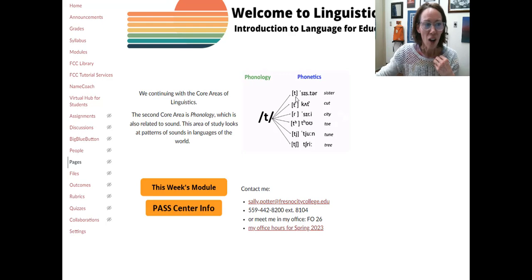So all of these representations here are what are called allophones. And as natives, they're allophones of the phoneme T. As native speakers, we don't even realize that we are pronouncing T differently.